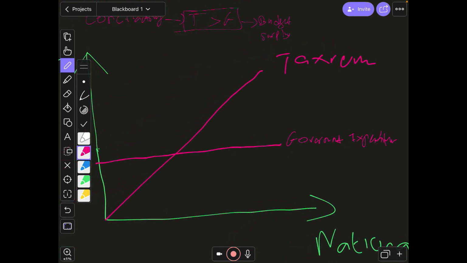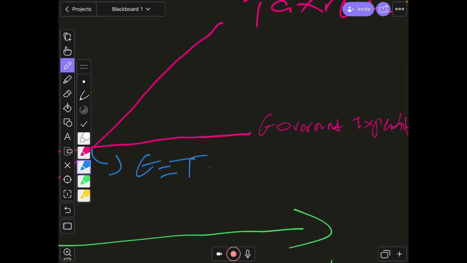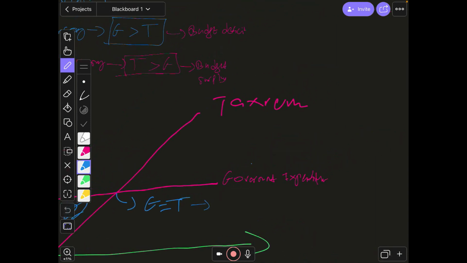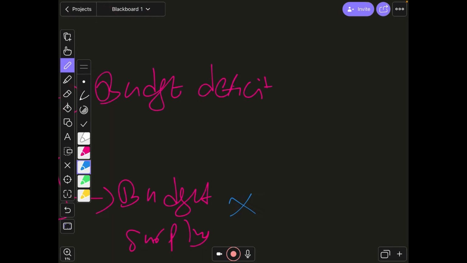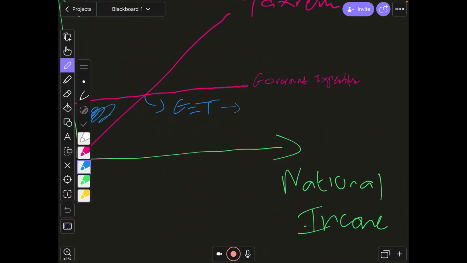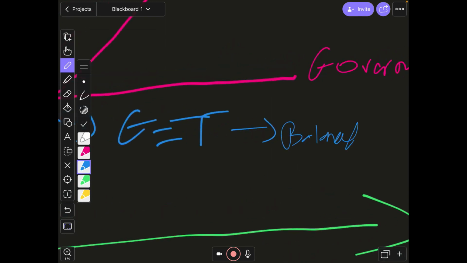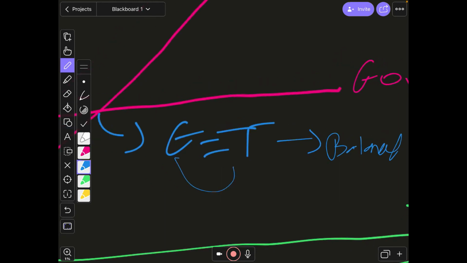right? This is the government's expenditure, this is the tax revenue, and this is the point of intersection. This is the point at which we balance our budget, and so the government's expenditure is equal to the tax revenue, and so we are not in a budget surplus. We are not even in a budget deficit, rather we balance the budget, and so this is known as a balanced budget at this point if the government's expenditure equals the tax revenue.